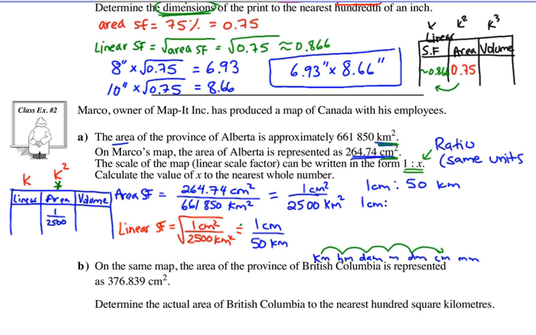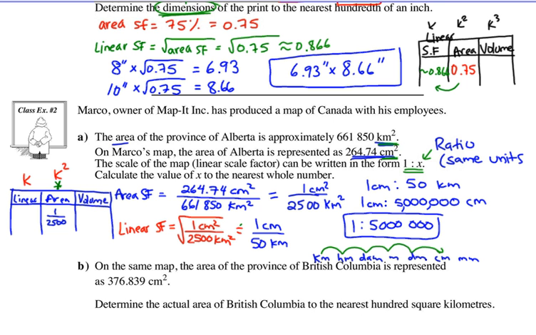So 1 centimeter is 50 and then add 5 other zeros. And so there's our ratio. 1 to 5 million is our solution. So that's the linear measurement, 1 to 5 million. So x is 5 million.